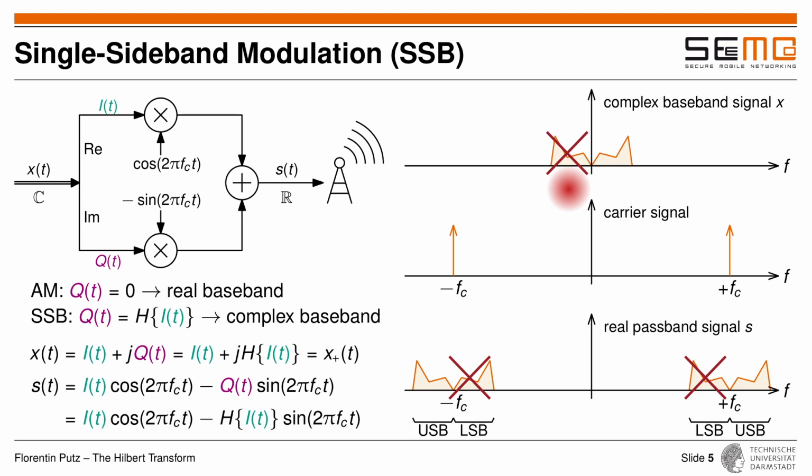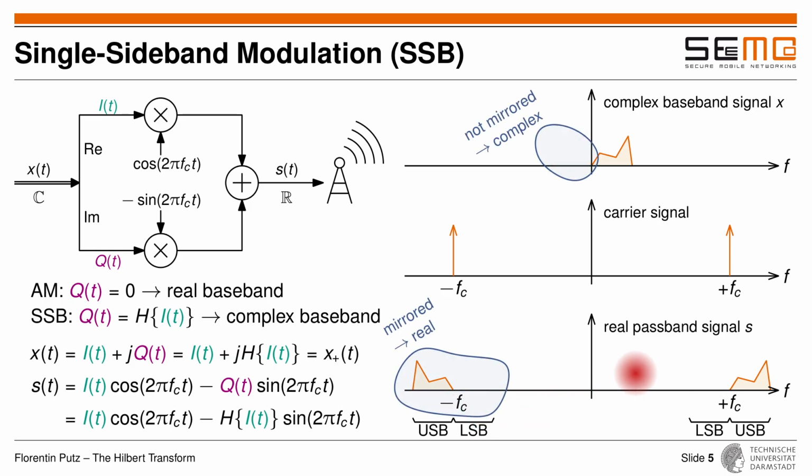And if we can do this, we get rid of the lower sideband in our passband signal, because we will just have positive frequencies in our baseband signal. But still, this is a complex baseband signal because it's not mirrored, right? We remove the negative frequency components. So in the end, we have just the positive frequencies in our complex baseband signal.